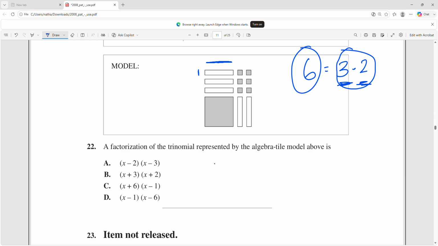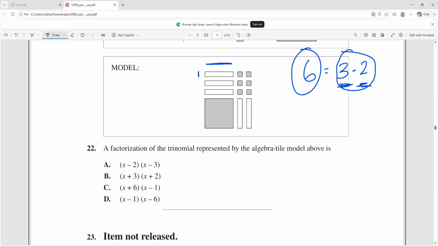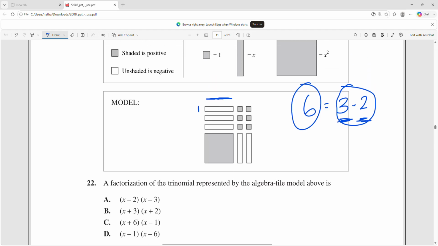So in order to get something positive, we'd either have to have, these are each worth 1, and this would be worth an x. So they either both have to be negative, or they would both have to be positive. So if I look at my answers here, I don't have any negative x's, so this would have to represent a positive x.